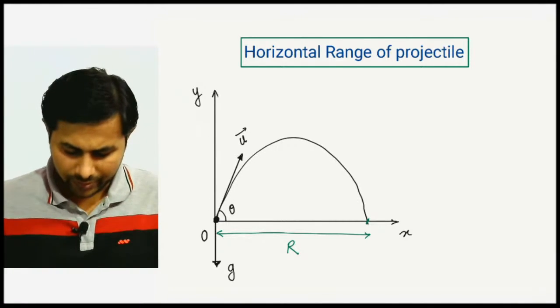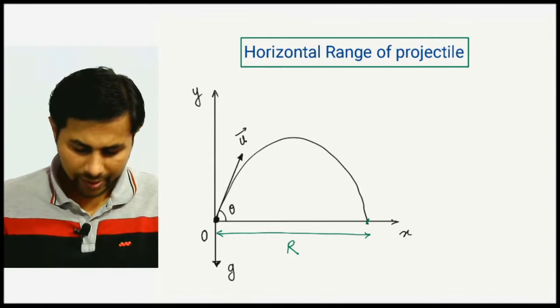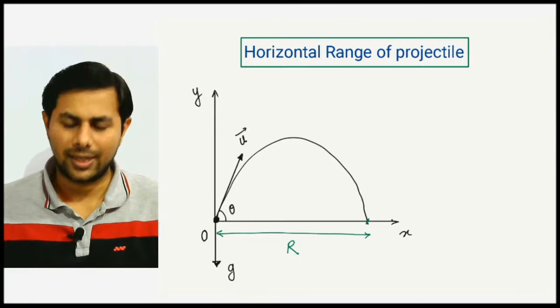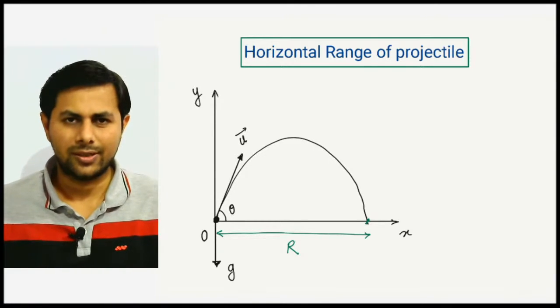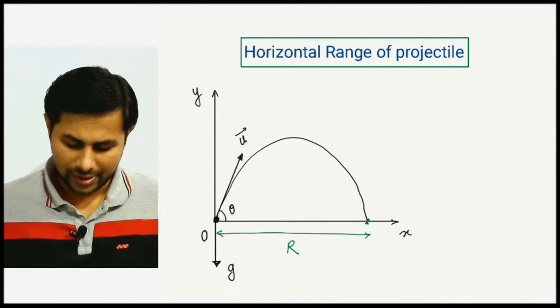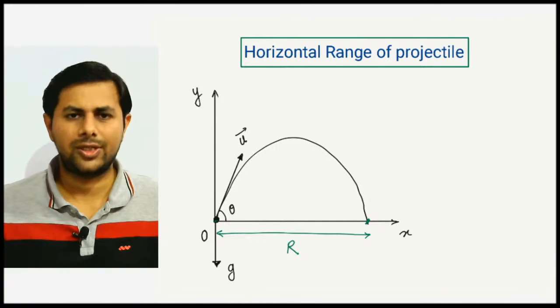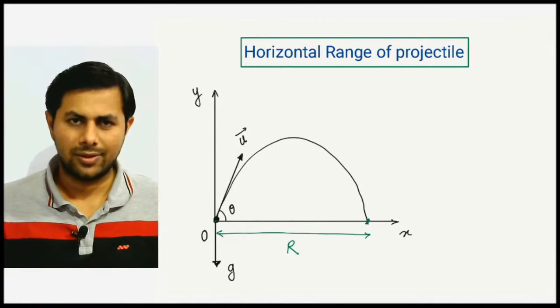Now again, what will be the y coordinate of this projectile at this position? At start y is equal to 0, and for this position also y is equal to 0.